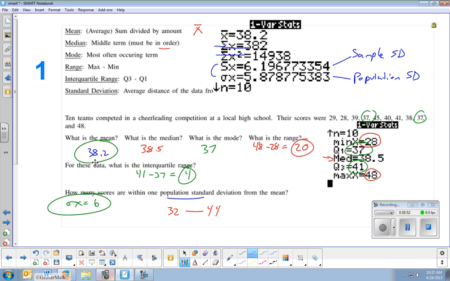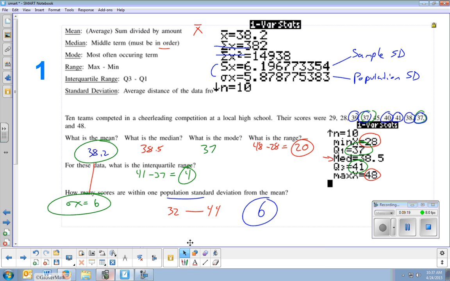So that's your 38 plus 6. So how many of these scores are within this right here? So we're just going to count them. 29 is not, 28 is not, 39 is, that's 1, 37 is, 45 is not, 40 is, 41 is, 38 is, 37 is, and 48 is not. So that's 1, 2, 3, 4, 5, 6 is the answer there.